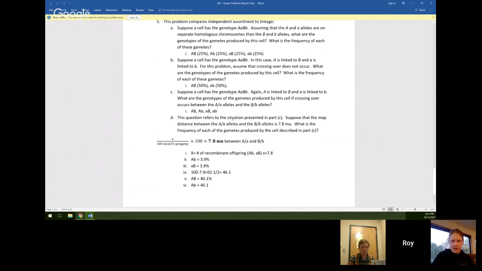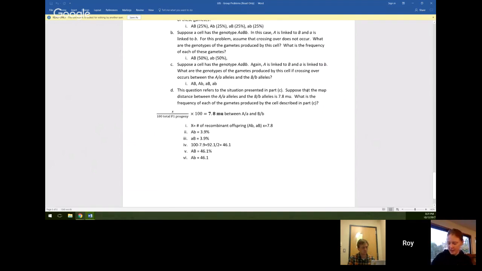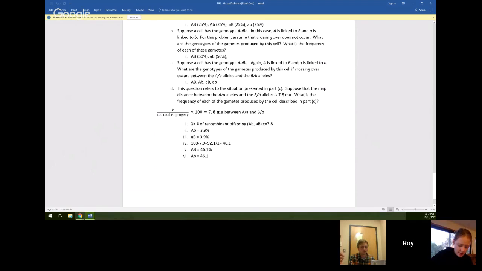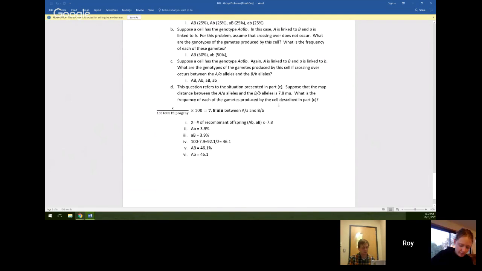And then part D is where it gets kind of tricky and it's kind of fun. Suppose the distance between the A and B alleles is 7.8 map units. What is the frequency of each genotype produced in the cell in part C? This is the difficult part because you have to do it backwards. So I set up this nice little equation for us to look at, where X is the recombinant offspring.